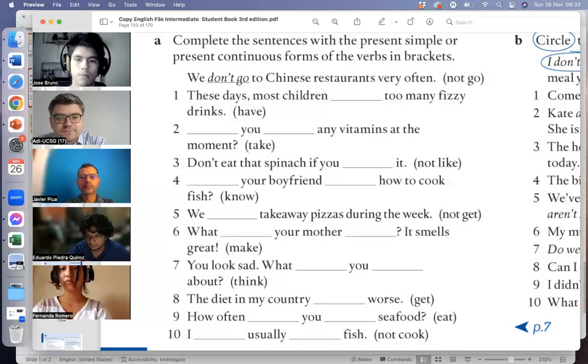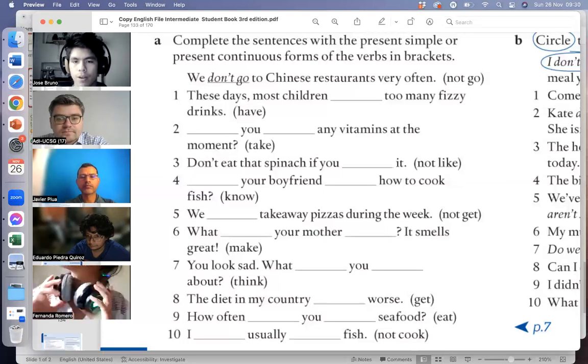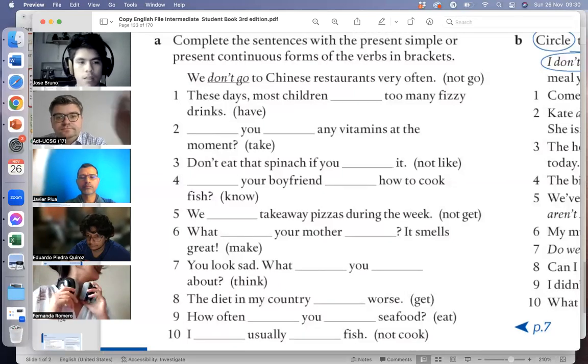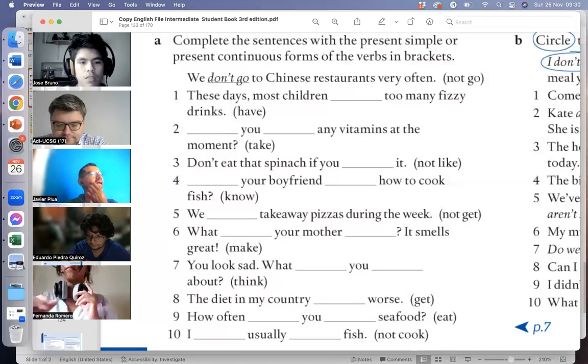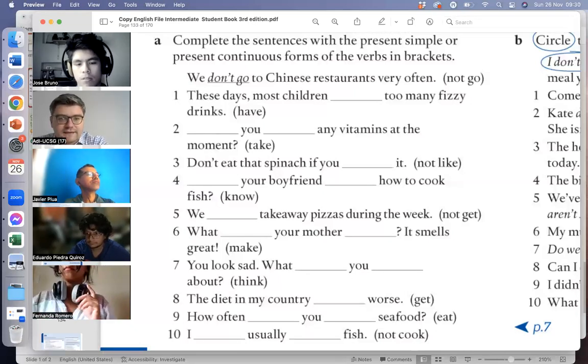Jose, next. Number 3, right? Don't eat that spinach if you don't like it. Very good. If you don't like it, so here we are using, again, the present simple. Why? Why are you using present simple?